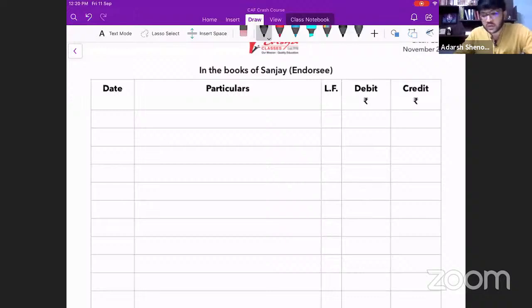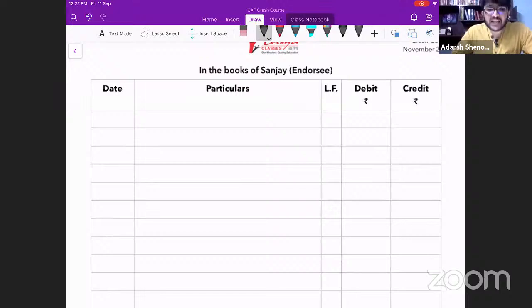Obviously not. When the bill is accepted by Suman, should we record it over here? No, it doesn't make a difference to me. Should I record it when the bill is endorsed to me by Raj?